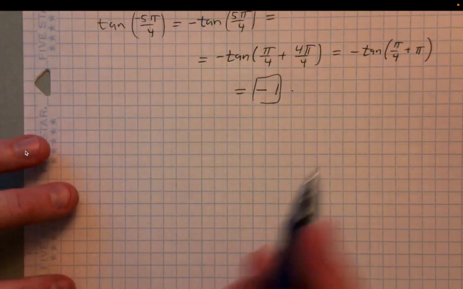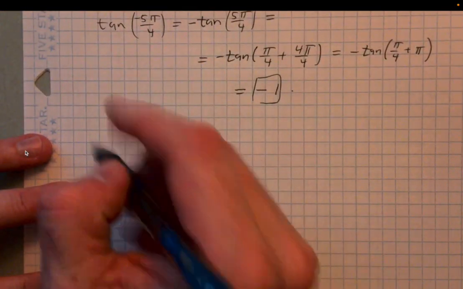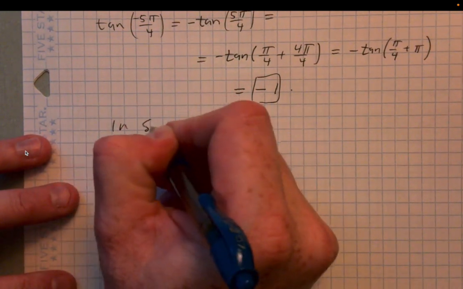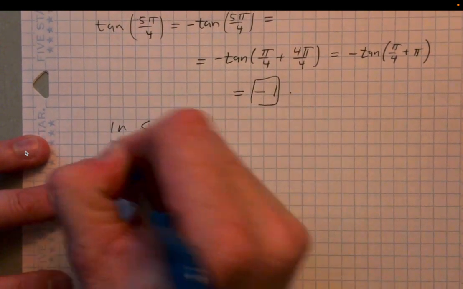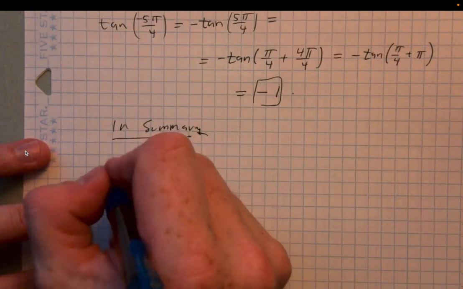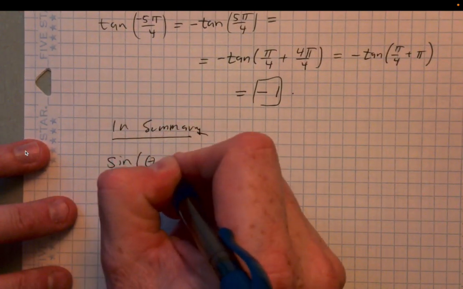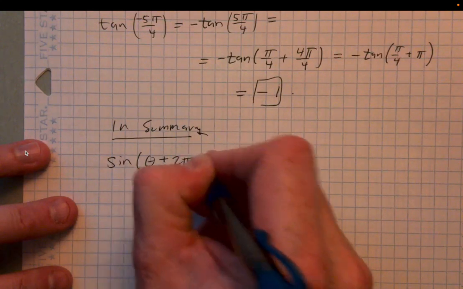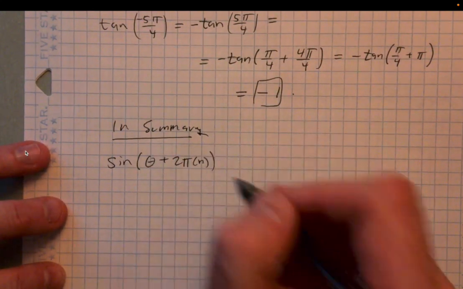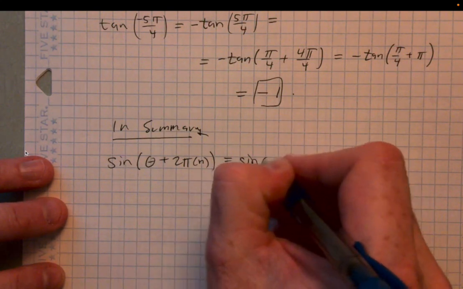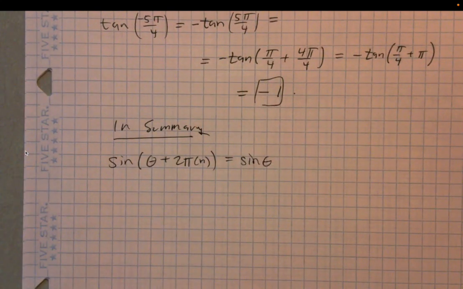Okay, and then let's just summarize this period business. In summary, the sine of theta plus, now the period is 2 pi, and then we can multiply that by n, and we're always going to get the same value for the sine. So if you know the value of sine theta, then you know the value of sine of theta plus 2 pi times n, and you know the value of those angles as well.